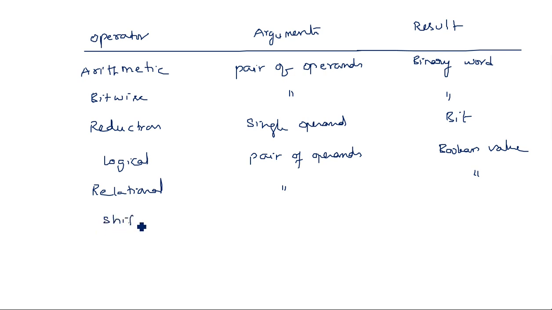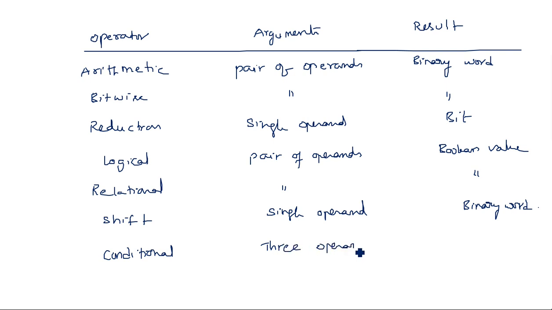For the shift operator, we have a single operand because shifting is done on the same operand. The result is a binary word, because we are not changing the size of the data. Suppose it is 32 bits of information; after shifting we will have the same size of data, because new data is shifted into that shifted data. And for the conditional operator, we need three operands, and we have an expression.